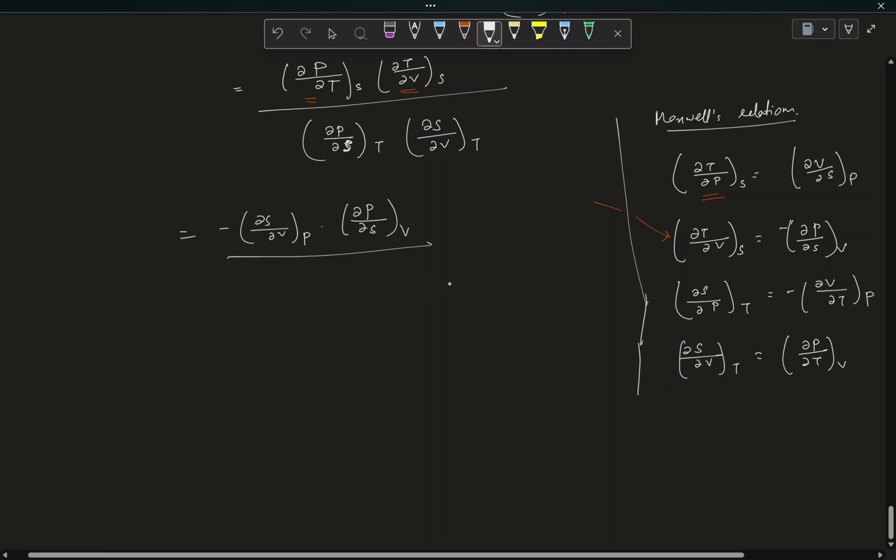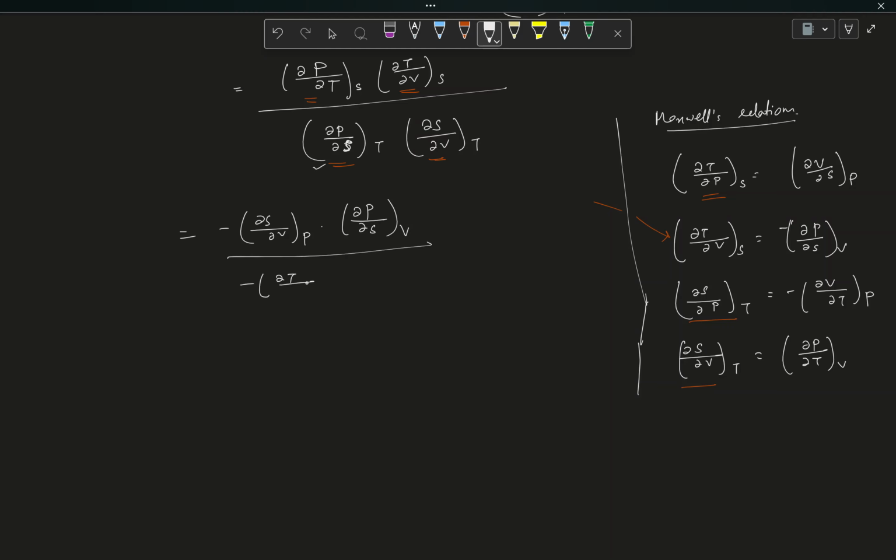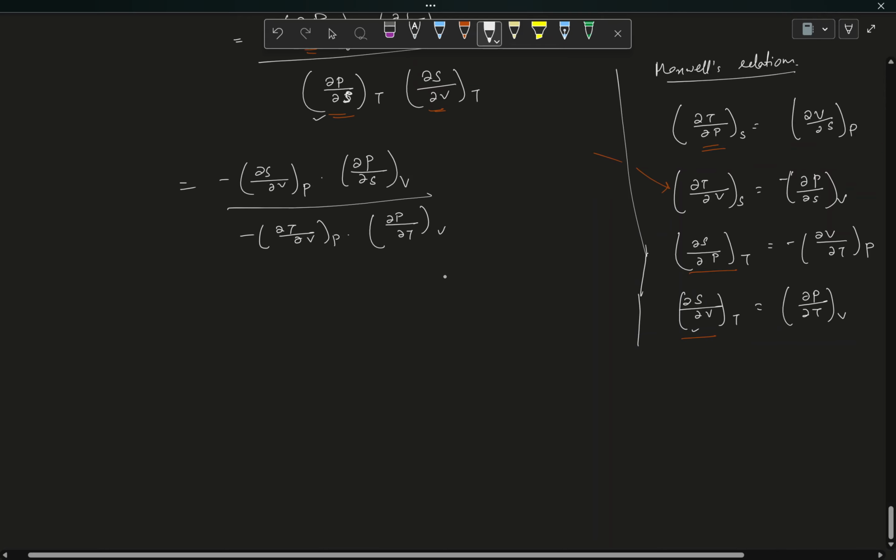And again, for the lower terms, del P del S at T constant is this term's inverse, and del S del V at T constant is the last term directly. So for the third part we use the third equation's inverse. So this is just minus del T del V at P constant, and for the last equation we directly use this last term. So this is del P del T at V constant.